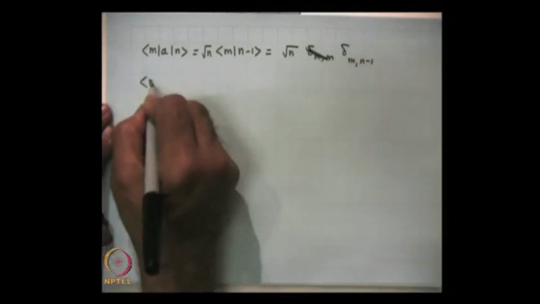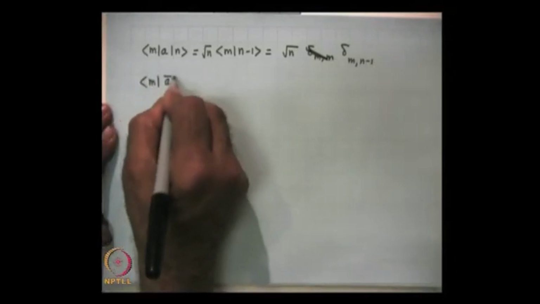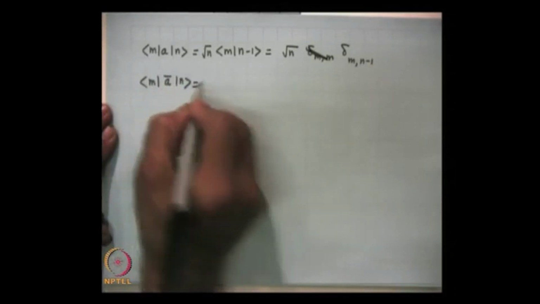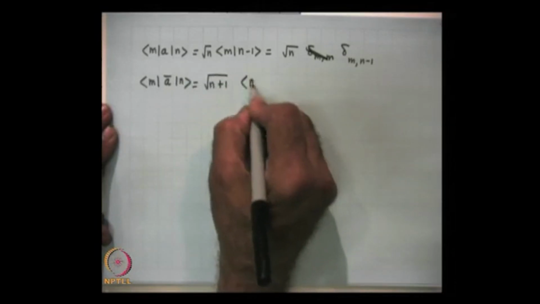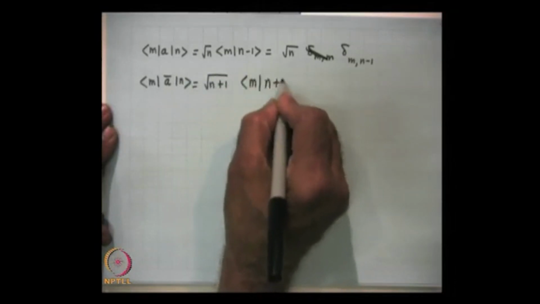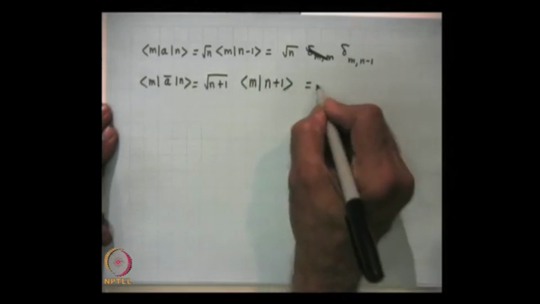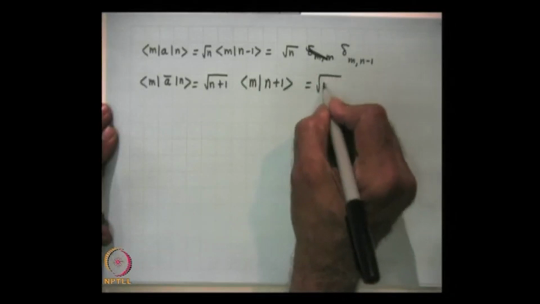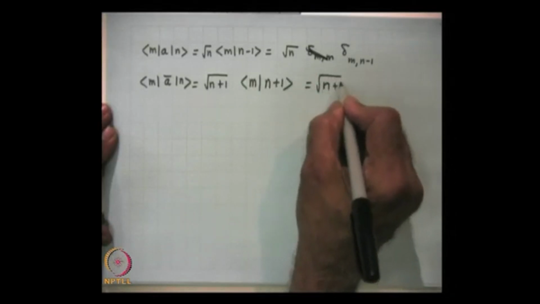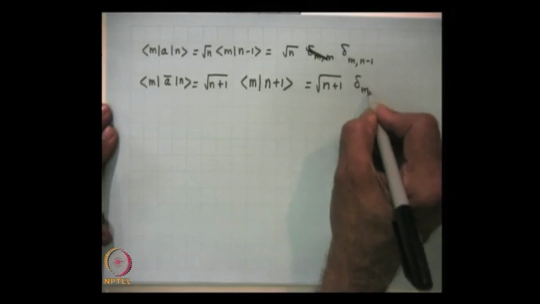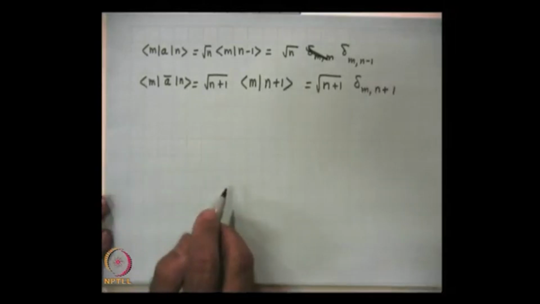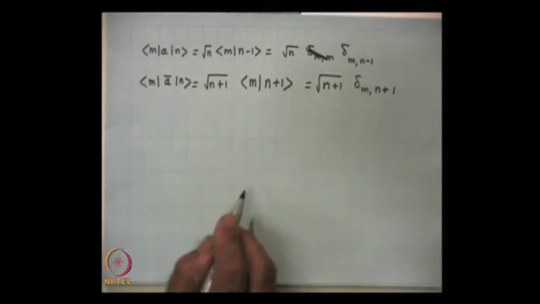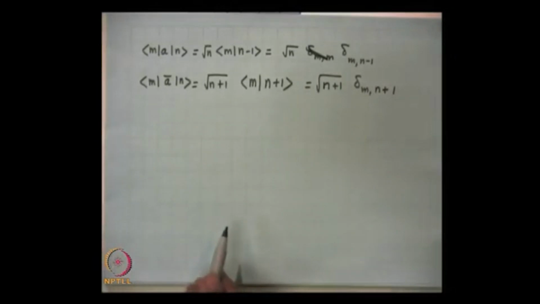Similarly, you have bra m, A bar, ket n. This will be square root of n plus 1, bra m with ket n plus 1, so square root of n plus 1 delta of m comma n plus 1. Now I substitute these two expressions here.